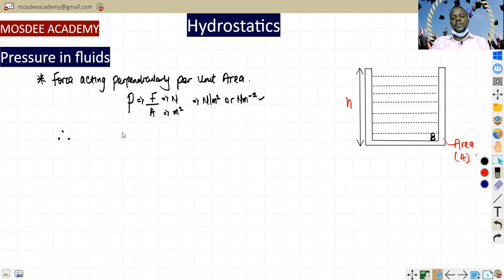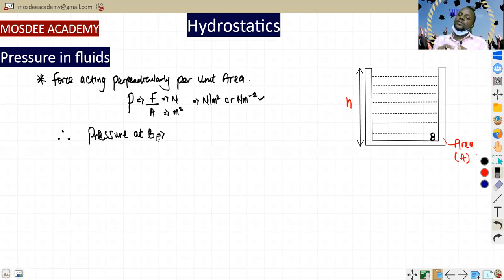So we can say the pressure at point B, let's put that in writing: pressure at B is due to the whole weight of the fluid in the container. We might have learned from early classes that the weight of a body will always act downward.